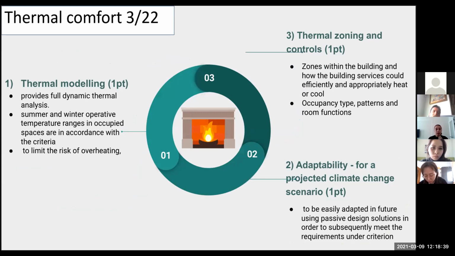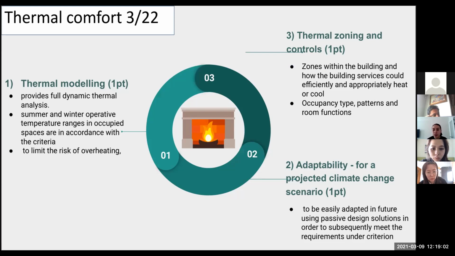By this analysis, we can, for example, simulate the new building, and for example check that summer and winter operative temperature ranges in the applied spaces are in accordance with the criteria, and also limit the risk of overheating or overcooling.